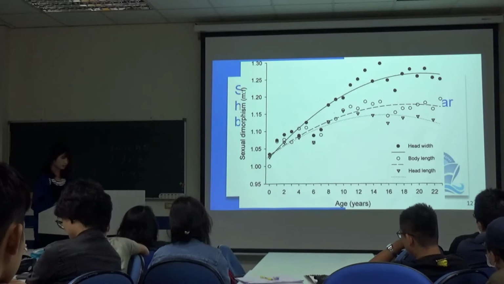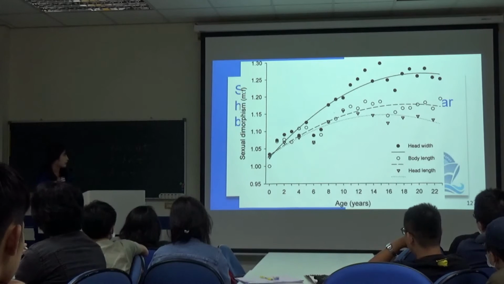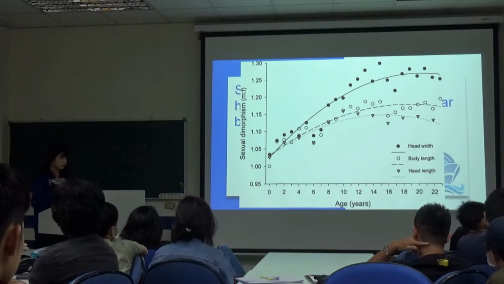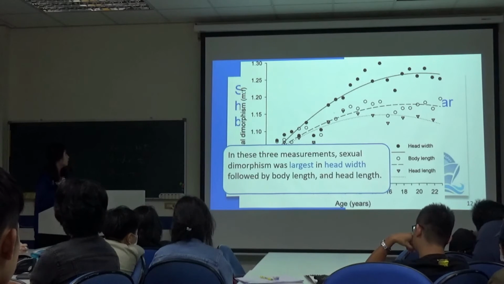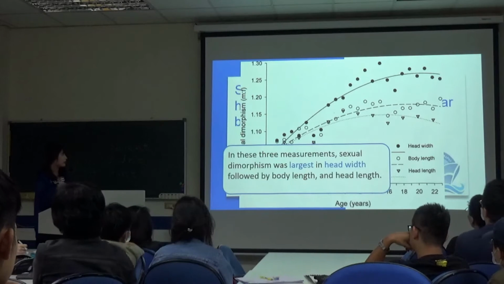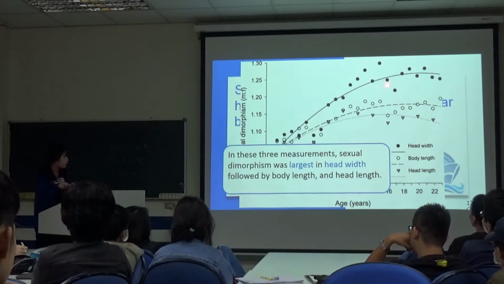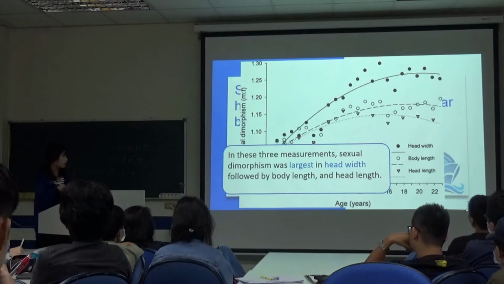You can see they increase with age, and the result is that sexual dimorphism was largest in head width, followed by body length and head length.